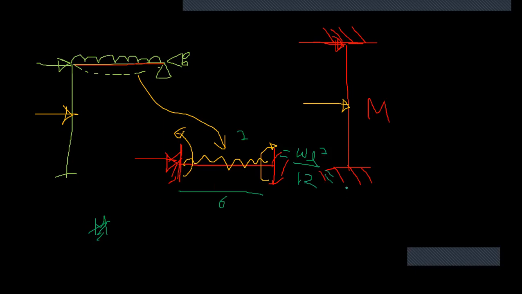The value of W L squared is 36 over 12, so that's going to be 6, right? Here the same value but negative, but here we have drawn it in the anti-clockwise direction, so it's anti-clockwise 6. But if you draw it in the clockwise direction, it's -6, right?